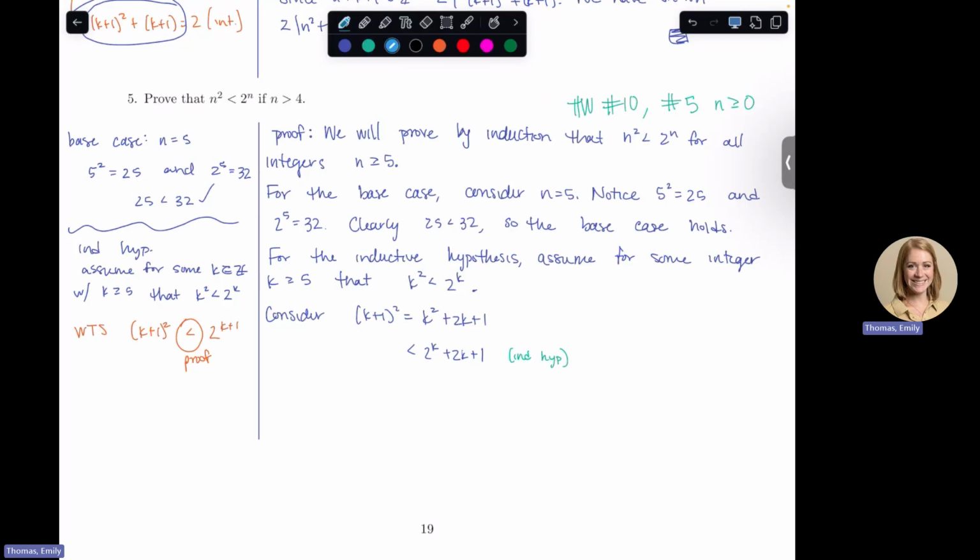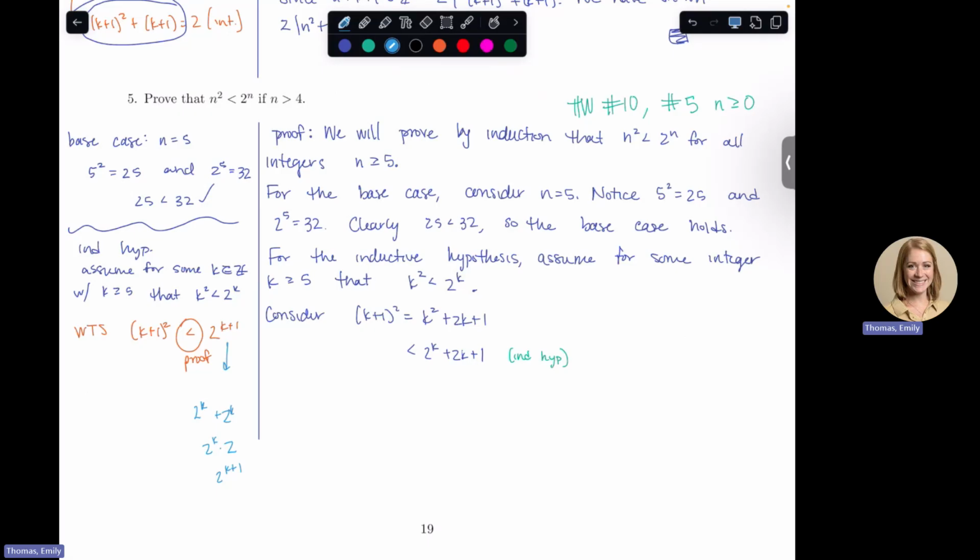I have to figure out a way to make this look like 2 to the k times 2, or 2 to the k plus 2 to the k, which would be 2 to the k times 2, which would be 2 to the k plus 1.